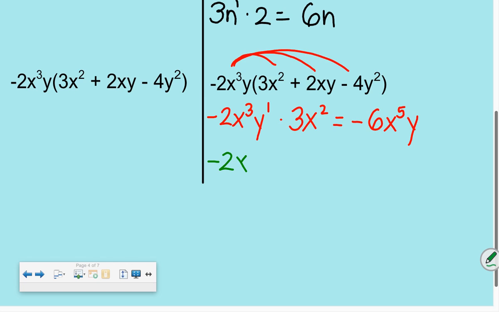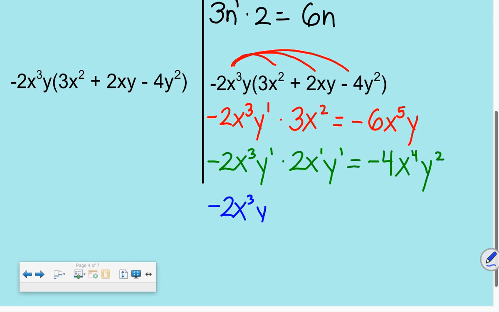Negative 2x to the 3rd, y to the 1st, times 2xy. So negative 2 times 2 is negative 4. There are 4 x's, and there are 2 y's. And then negative 2x to the 3rd, y to the 1st, times negative 4y squared. So negative 2 times negative 4 is 8.